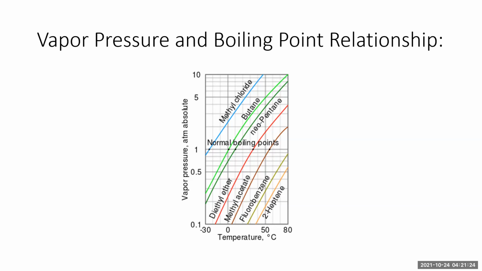If it's easier for the molecules to vaporize and become a gas, then the vapor pressure that it will produce will be greater, and therefore it doesn't need as much energy to boil, since it more easily gets into a gas phase, and therefore it will correspond to a lower temperature or boiling point.